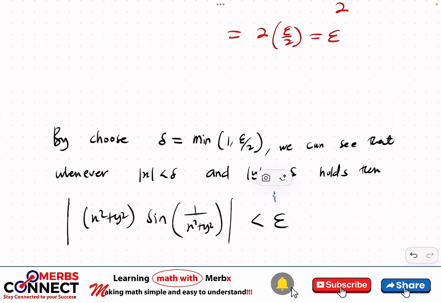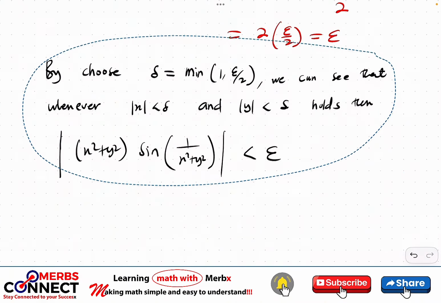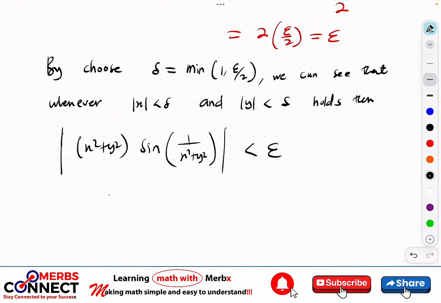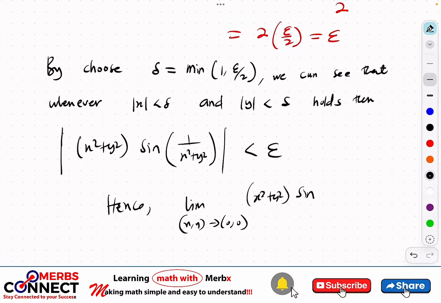So by choosing the minimum of this, we have this. So hence, we have verified that the limit as x and y approach 0, 0 of x squared plus y squared, in parentheses sine of 1 over x squared plus y squared, is indeed equal to 0.